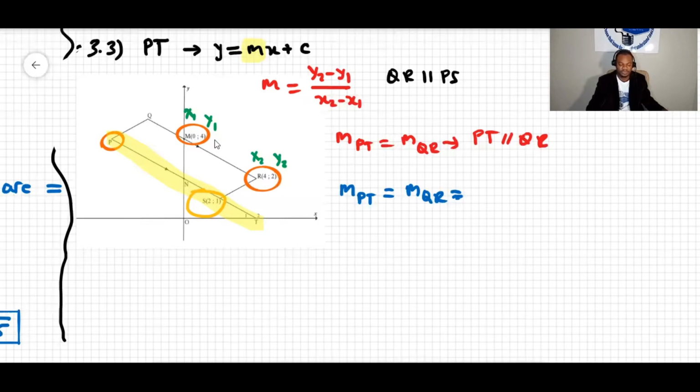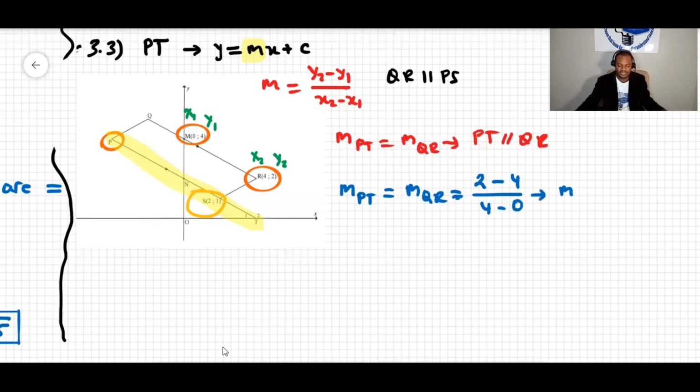So y2 is 2, minus y1 which is 4, over x2, which is 4, minus x1, which is 0.